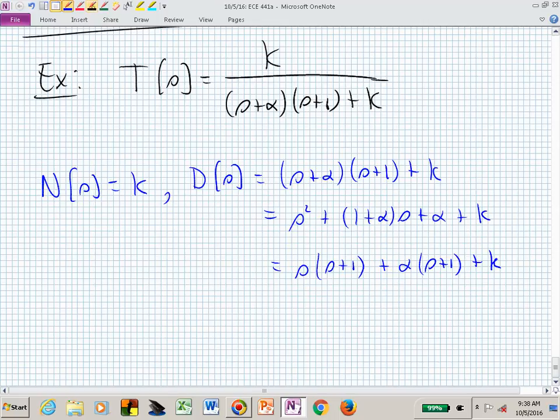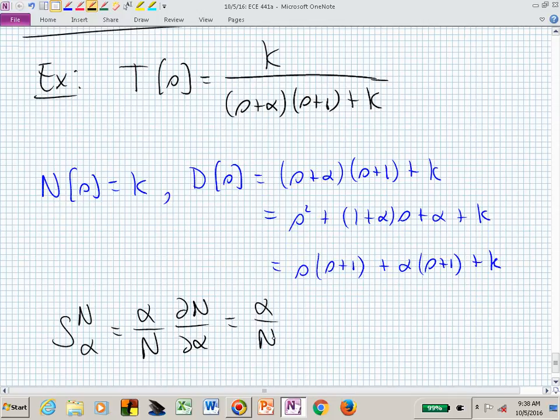What's the sensitivity of the numerator with respect to alpha? That's 0, isn't it? Because there's no alpha, but let's just show that that's true. It's alpha over N times the partial of N with respect to alpha.